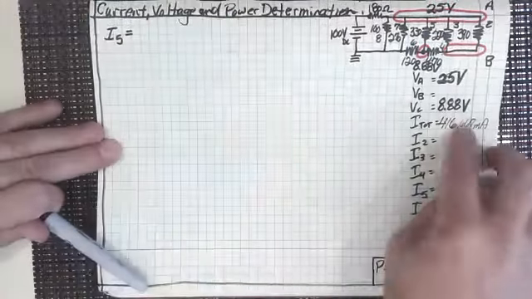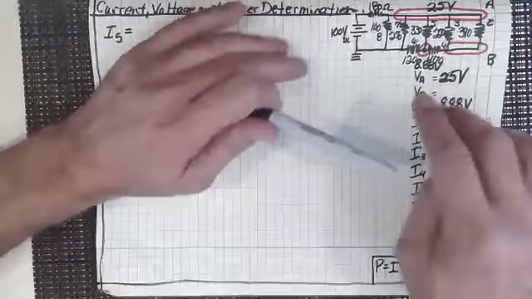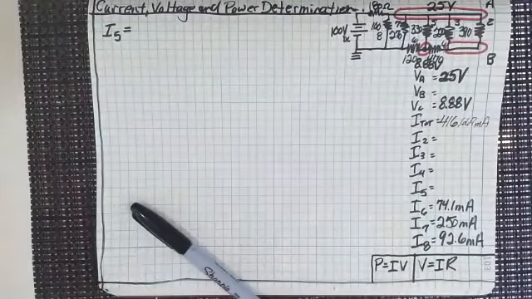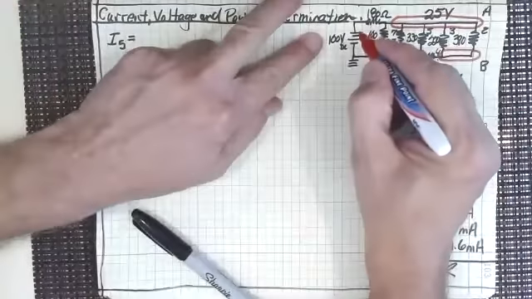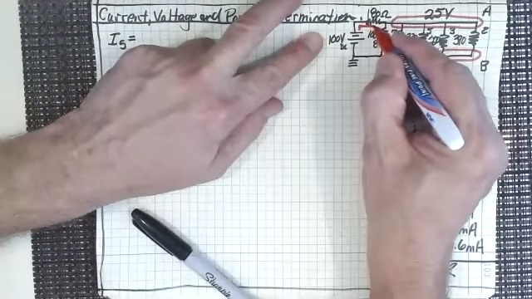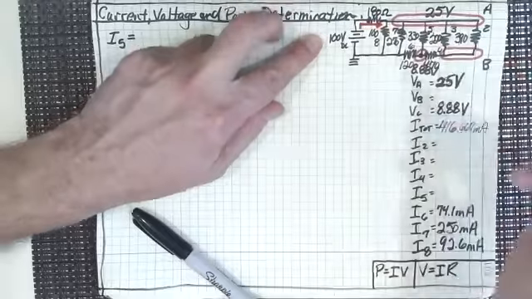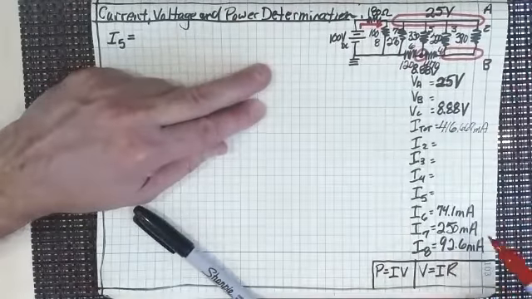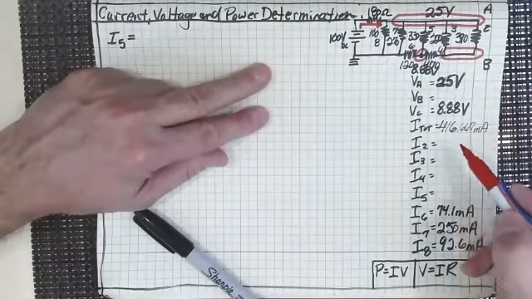All right, let's find out what I5 is, and here's what I'm saying. Where is the current flowing? So we know that the current is flowing out here, right? And we figured out what that total current is at I1.